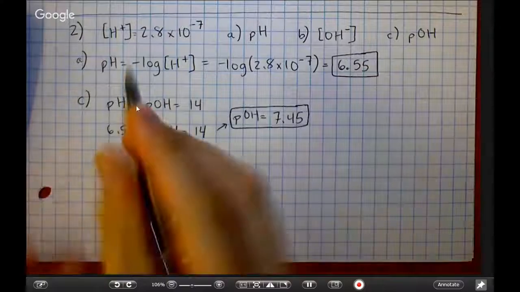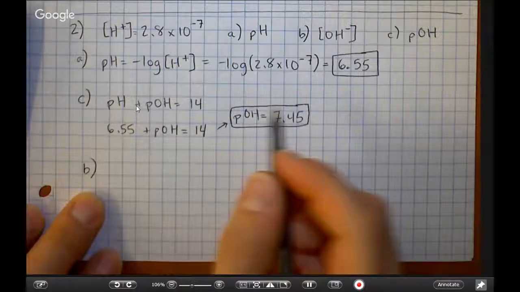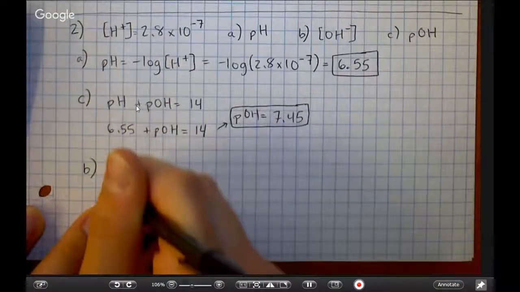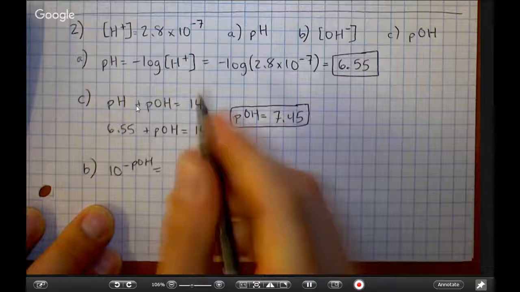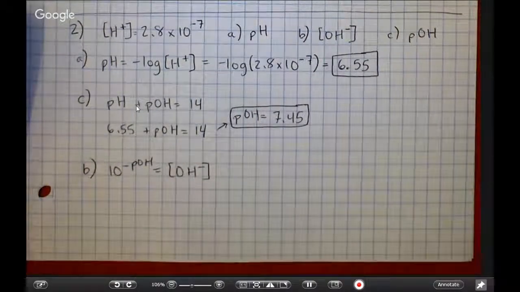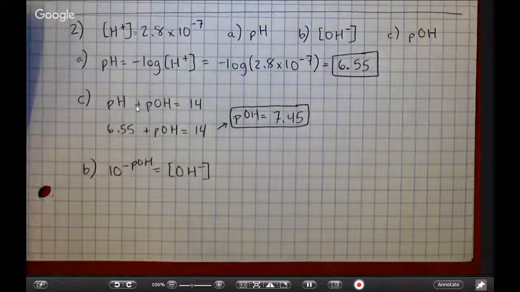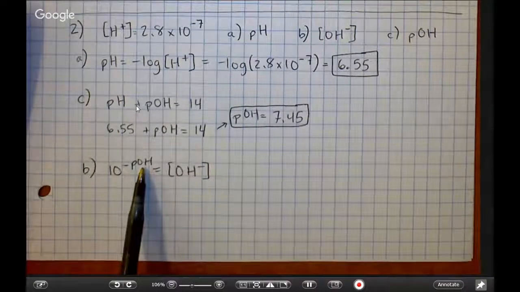Okay. And then for B, you want to find hydroxide. So your best bet here is the inverse negative pOH, which is our hydroxide concentration. And I say it's your best bet because we just solved for pOH, so we can plug that right into the calculator.